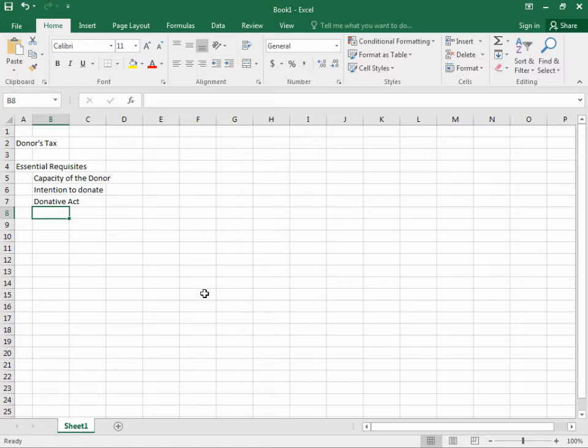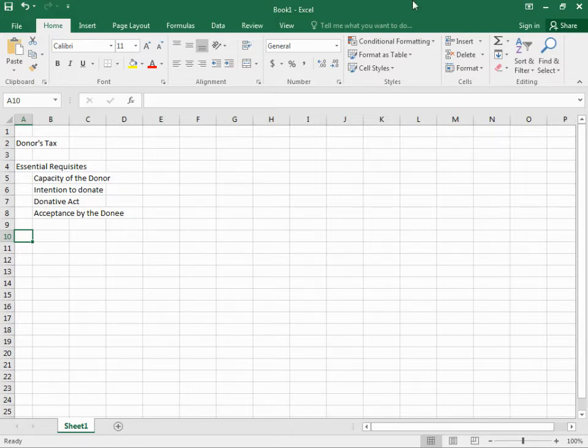Okay? Next, lastly, we have the acceptance. So, tanggapin mo na lang. Just acceptance by the donee. So, pag sinabi natin acceptance by the donee, dapat yung donation is willingly na tinanggap ng ating donee.